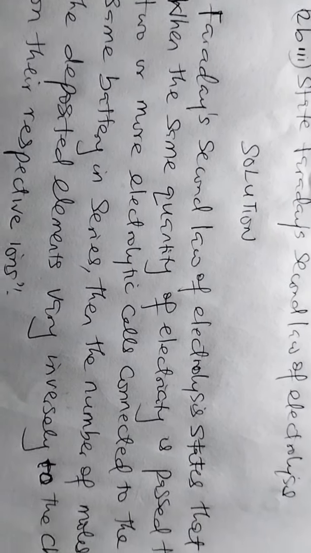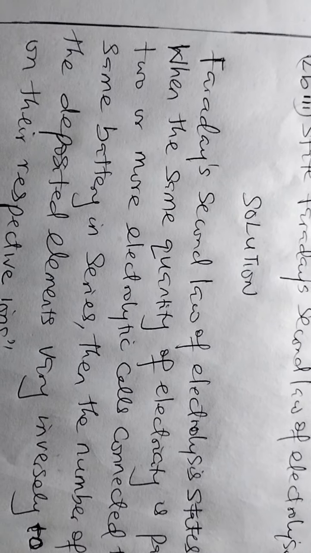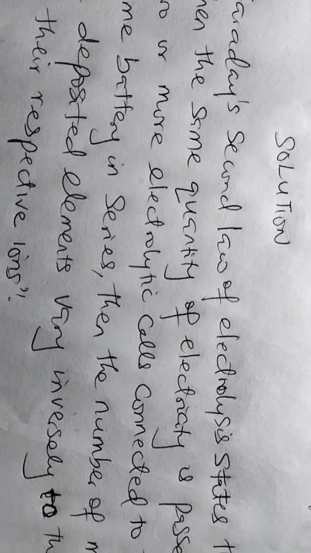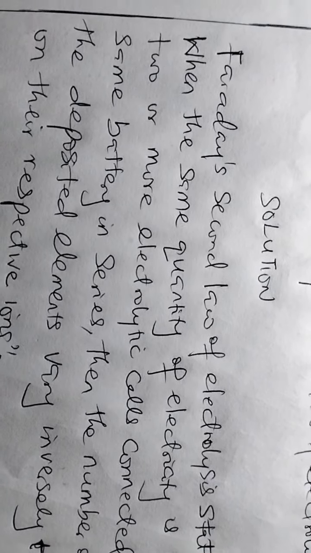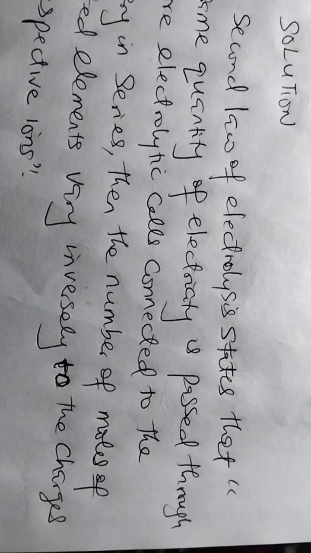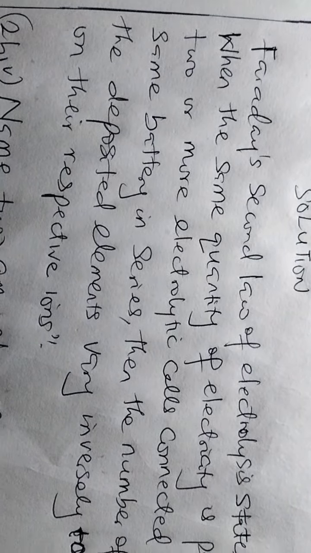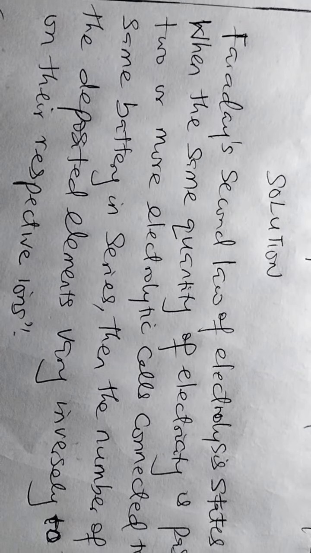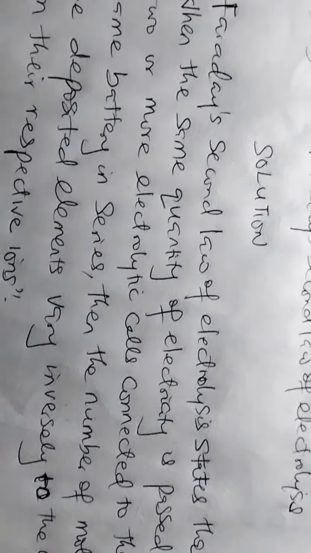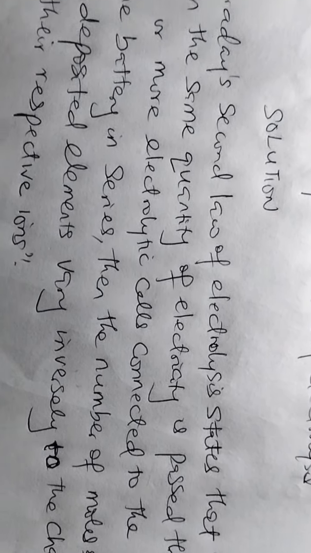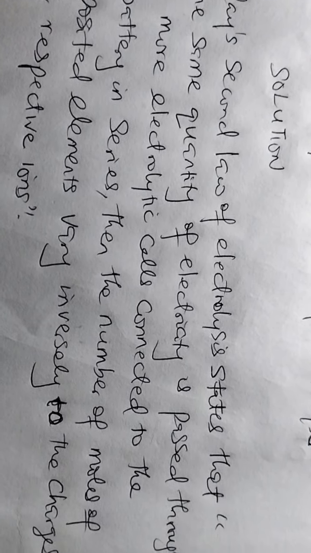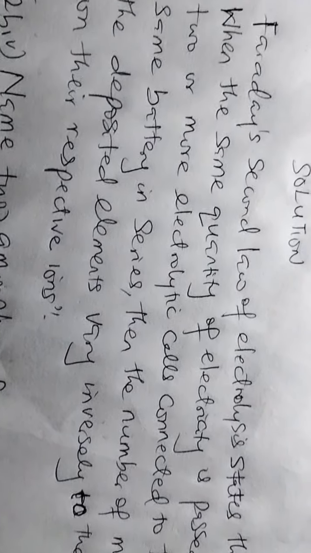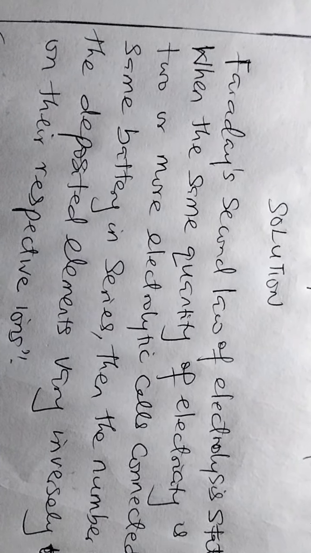Solution: Faraday's second law of electrolysis states that when the same quantity of electricity is passed through two or more electrolytic cells connected to the same battery in series, then the number of moles of the deposited elements vary inversely to the charges on their respective ions. So this is for the second law of electrolysis.